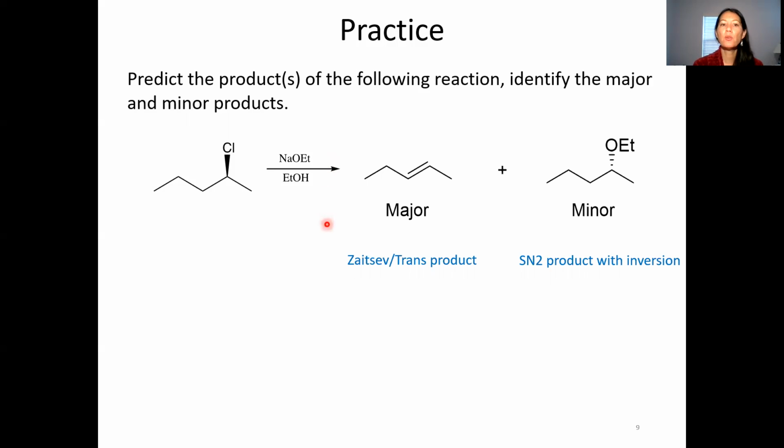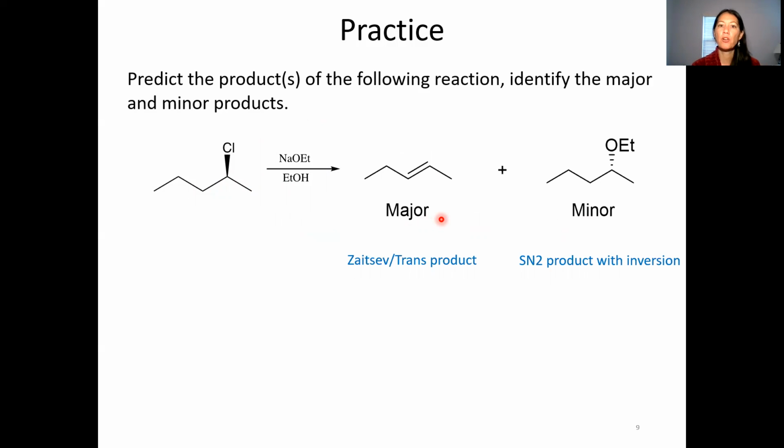So the product that you'll get out is a mixture of elimination and substitution product. The reason is this is a very good nucleophile and base, and you have a secondary alkyl halide. So you'll get your elimination product, and this actually is going to be your major product.